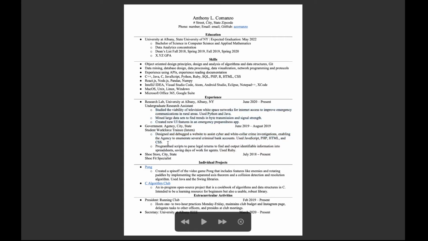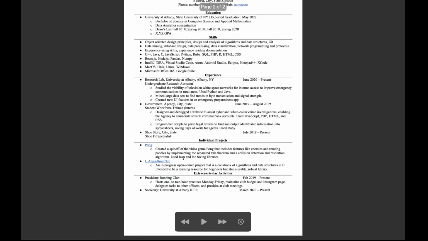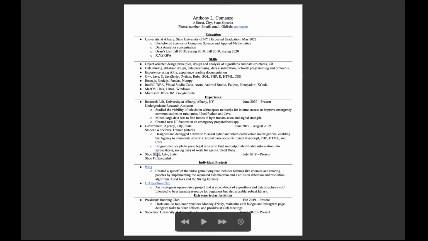Which is good. And then right here, I have this awkward little thing. This should have just been removed because it's not really relevant. This was me being a retail person at a shoe store. It's not relevant to any technical positions that I was applying to, and I don't even have enough room to actually provide a description.